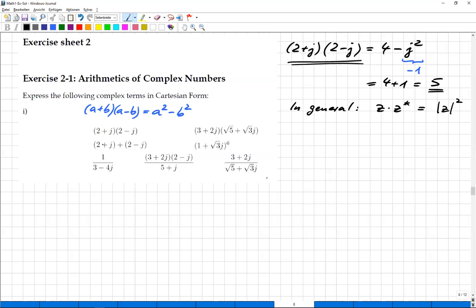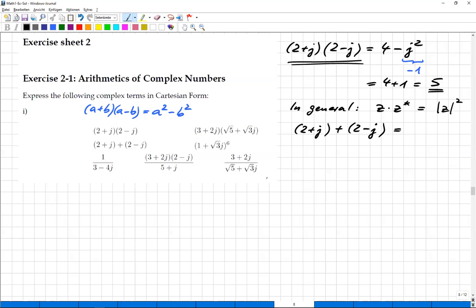Okay, then I don't know which order. I take this one next. So I just add these two numbers to each other, and that's also an important result. It means that if you add two numbers that are complex conjugates to each other, the imaginary parts cancel.